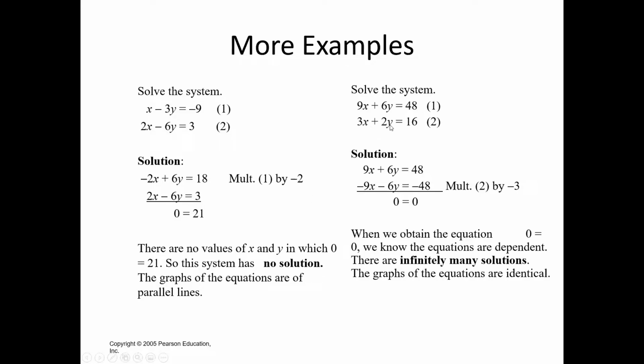Okay, this problem, equation 1 and 2. We just brought down equation 1. Equation 2, we multiplied everything by -3. That gave us an opposite pair here and an opposite pair here. And as it turns out, these two values are opposites also, so we get 0 equals 0.